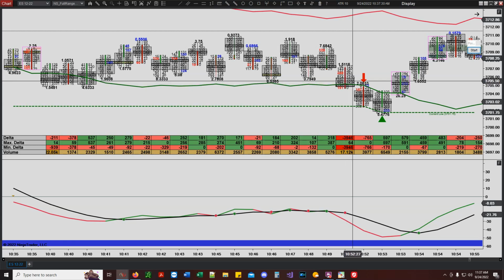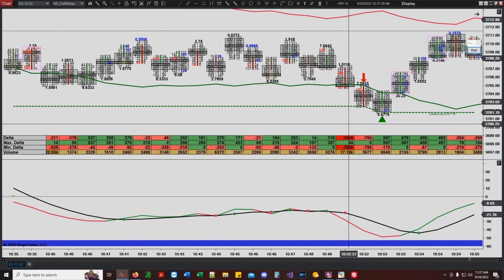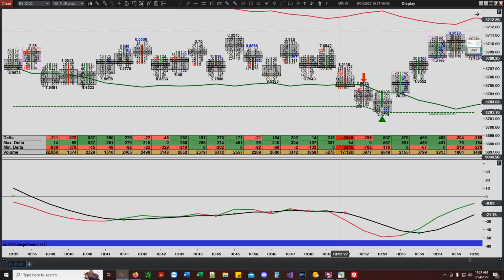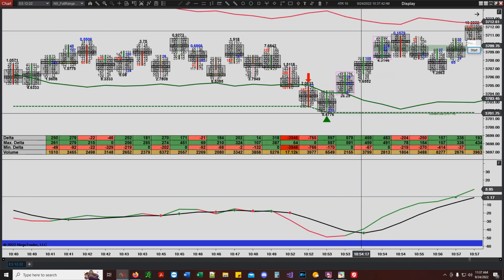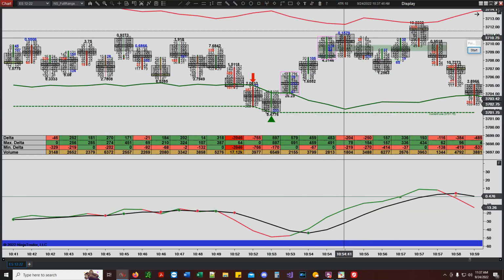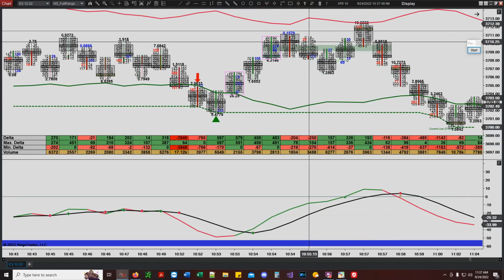I got burned on a trade like that one time. The delta was crazy, but the price is not justifying that right there. That's a red flag for me. And look what it did. Turned around, went right back up.